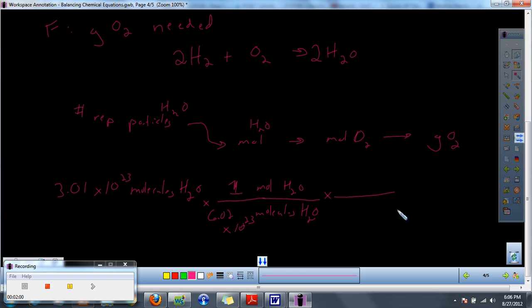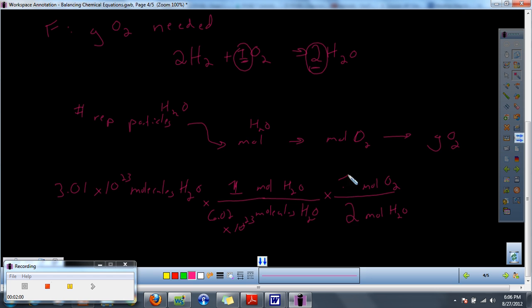So to do that, to go from moles of one thing into moles of another, that balanced chemical equation has certain coefficients in front of each thing. You see, 2 moles of H2O are formed whenever 1 mole of O2 reacts.